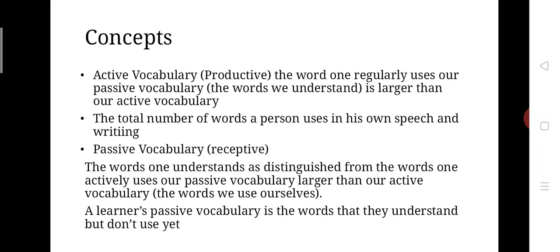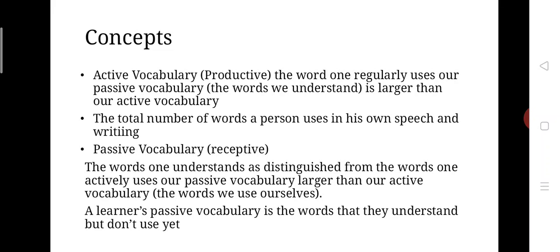And passive vocabulary is already with you but you never use it. When you use it, it becomes active vocabulary. The words one understands, as distinguished from the words one actively uses, are our passive vocabulary, larger than our active vocabulary, the words we use ourselves. So, this is active vocabulary and passive vocabulary.